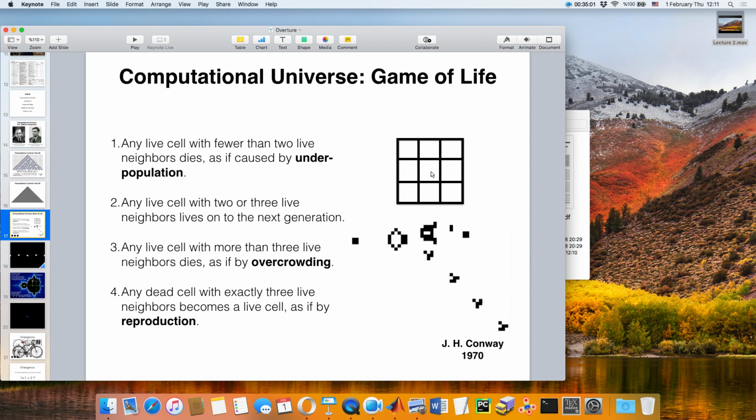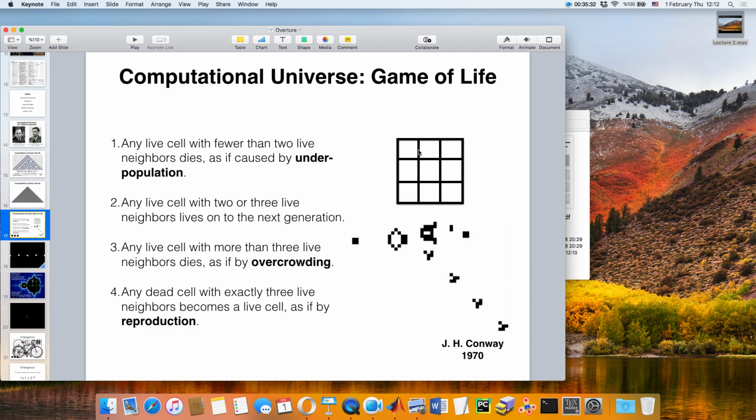You can come up with all kinds of rules, but the most famous one is due to John Conway. And he was inspired by biology when he constructed these rules. Any live cell with fewer than 2 live neighbors dies as if caused by underpopulation. So what do we mean by neighbors? We mean these 8 cells around this one. Okay?